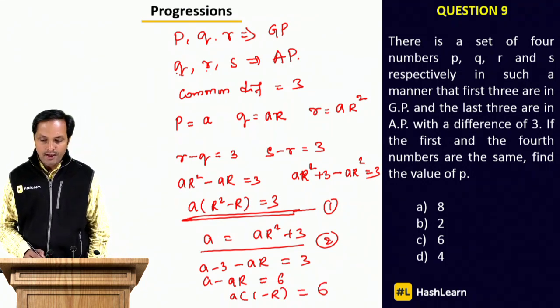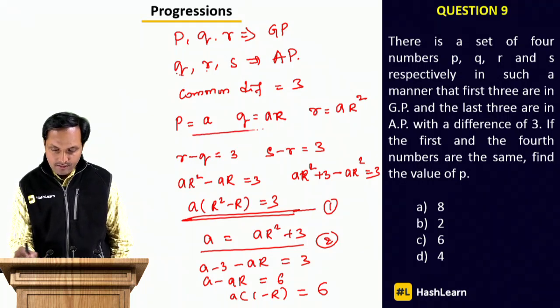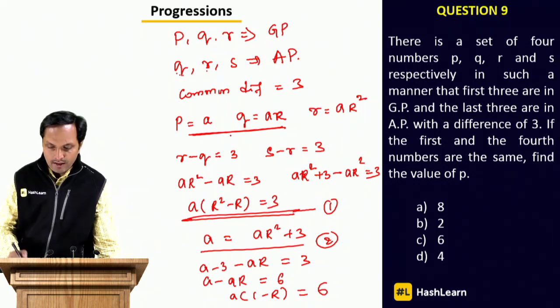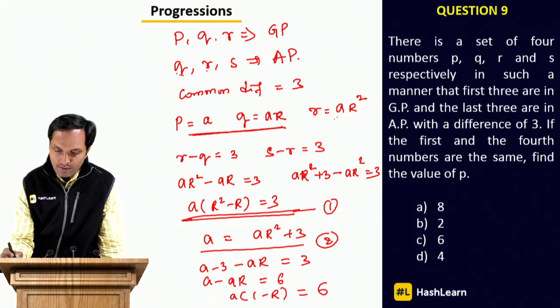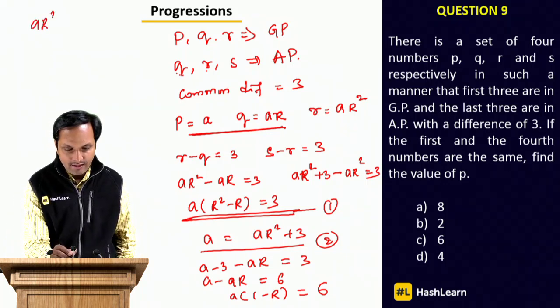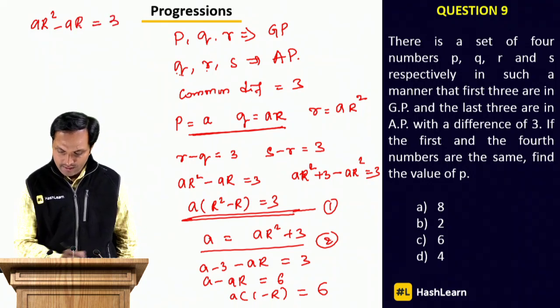So substitute here. That is P, Q, R. You know that these two are in common difference. What is the difference? You have ar² - ar equal to 3, as they were telling.